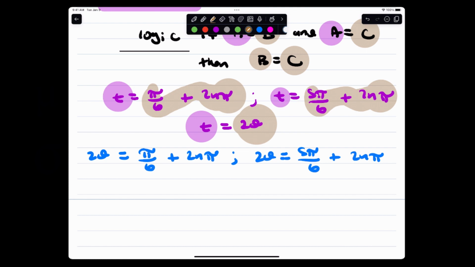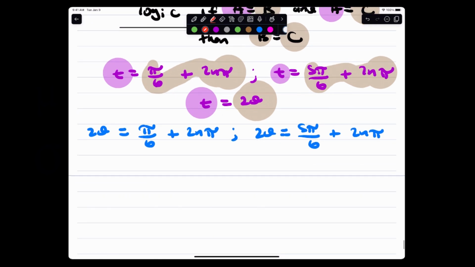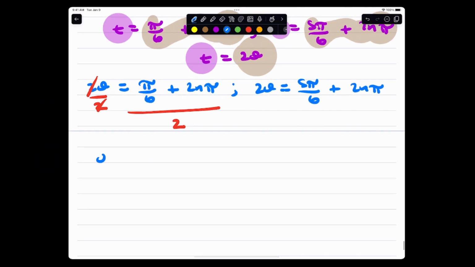What do you guys think you got to do here? Because remember, they want answers in terms of theta, not t. So does anybody know, what do you have to do now? You're going to do what? Divide both sides now by what? By your 2. And on the left here, we get what? Theta equal to pi over 6 divided by 2 plus 2n pi divided by 2.